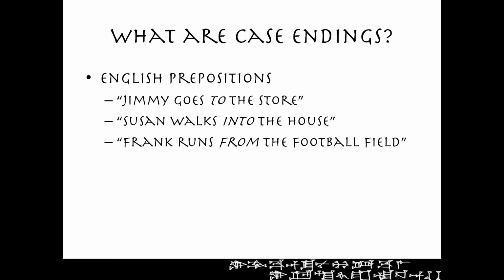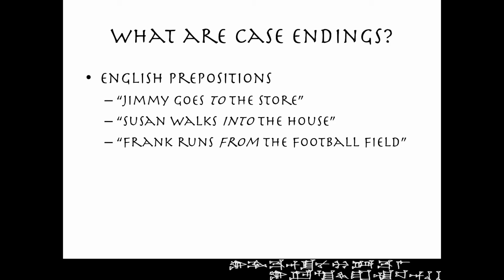So what are case endings? Well, essentially they function like prepositions for the most part. So for example, in the sentence, Jimmy goes to the store, the word to is a preposition. Tells you something about his motion in relation to the store. So he's going toward it. He's going to it.